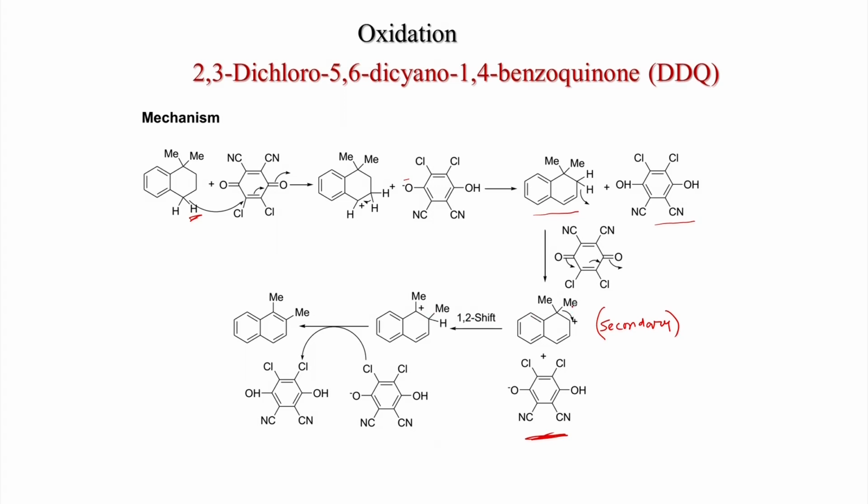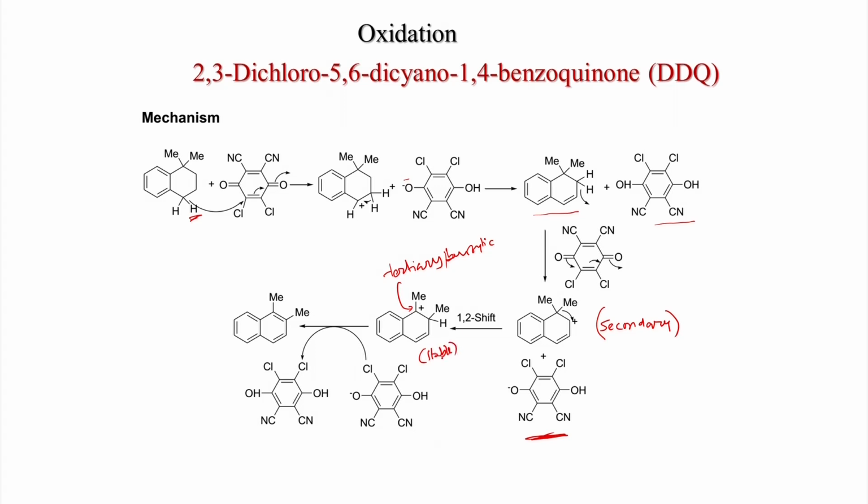Here, after 1,2-methyl migration, the carbocation goes to here, and you can see this is a tertiary carbocation as well as benzylic. So, this carbocation is stable.